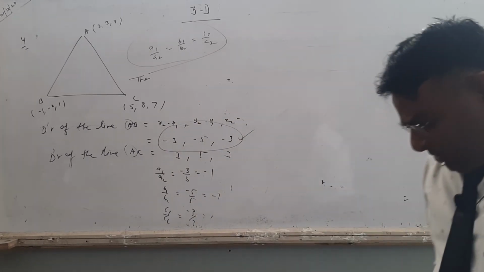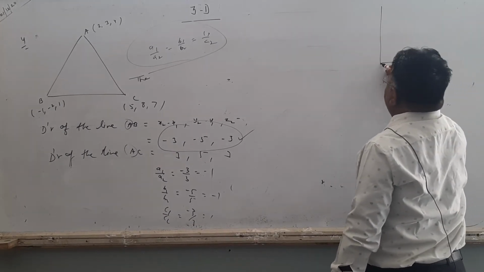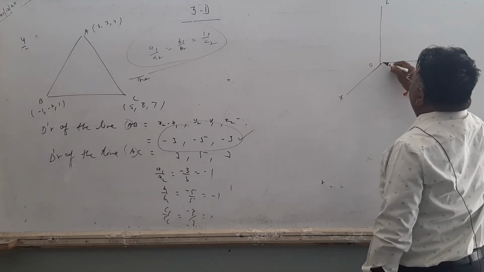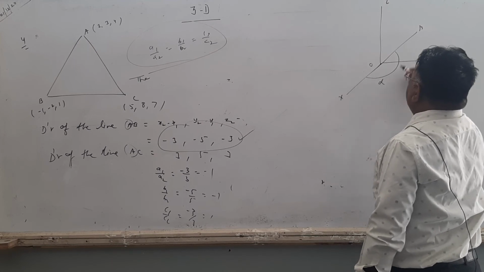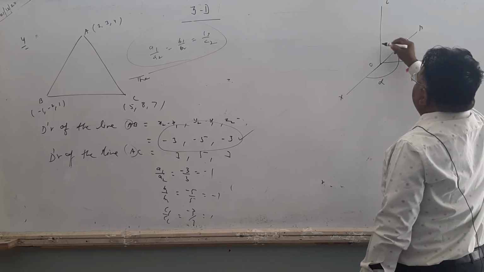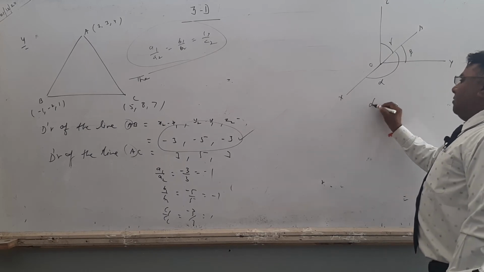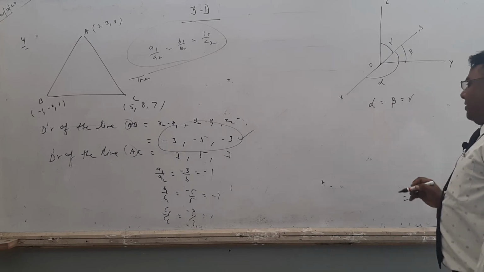Now look here, there are 3 axes, x-axis, y-axis and z-axis. Now a line OA makes angle alpha with x-axis, beta with y-axis and gamma with z-axis. According to the question, alpha, beta, gamma are equal and we have to find the direction cosine.